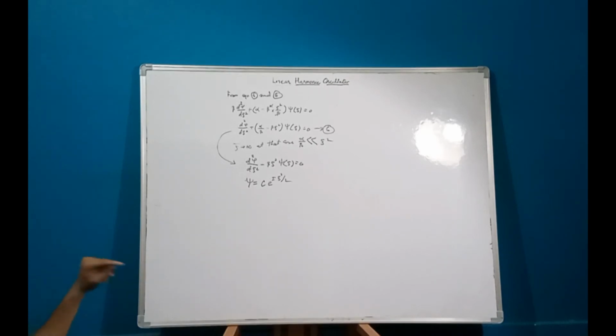So in the case where we consider psi as c e to the power minus psi square by 2, as psi increases, that e to the power minus infinity term will diminish, and there will be nearly 0 probability of finding the particle at infinity.